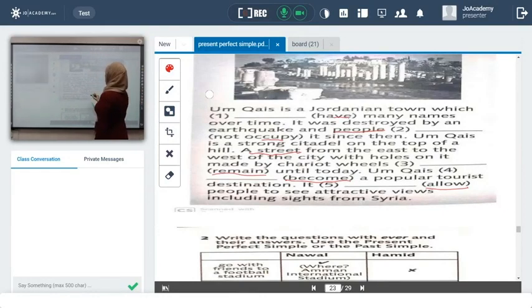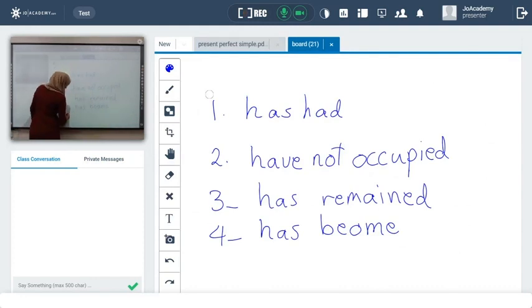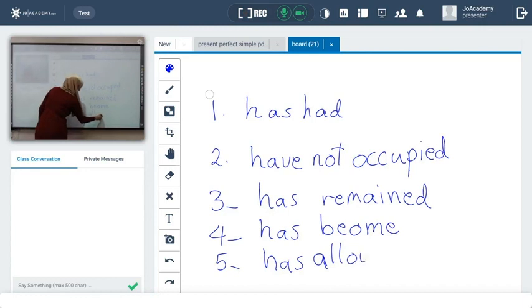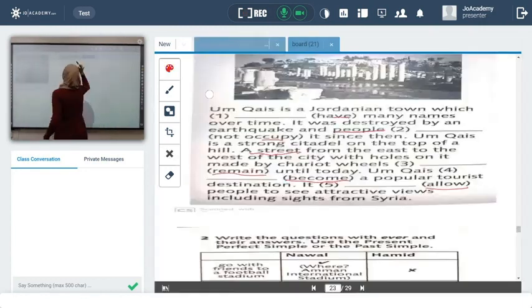It allow people to see attractive views, including sights from Syria. So it allow. It has allowed. Okay.